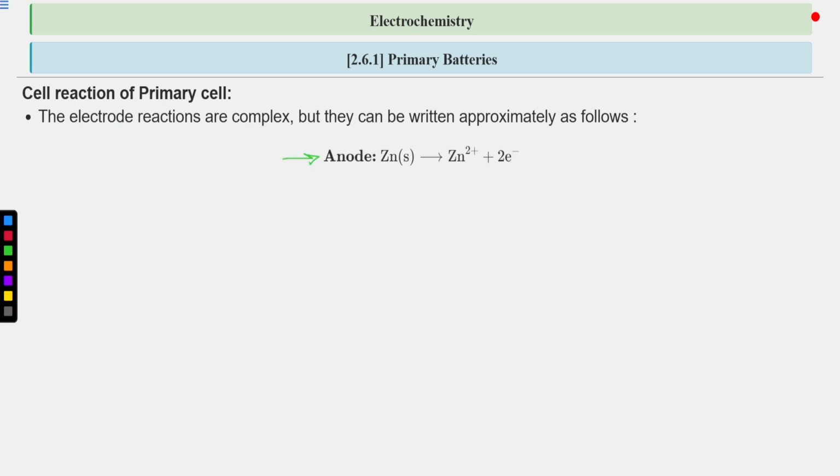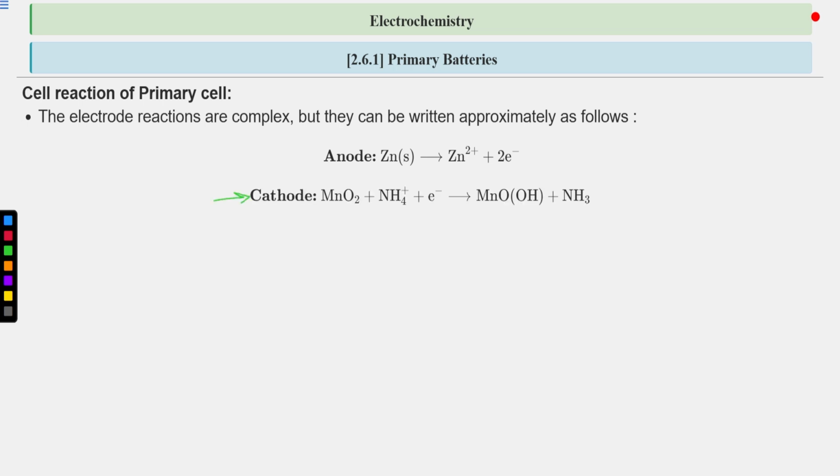At the anode, you can write the reaction as zinc, because zinc is undergoing the oxidation process, converting to Zn2+ plus 2 electrons. So it is releasing 2 electrons. It is undergoing oxidation at the anode.